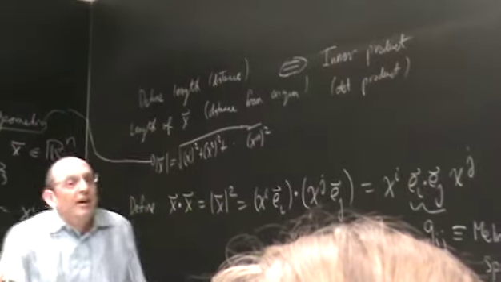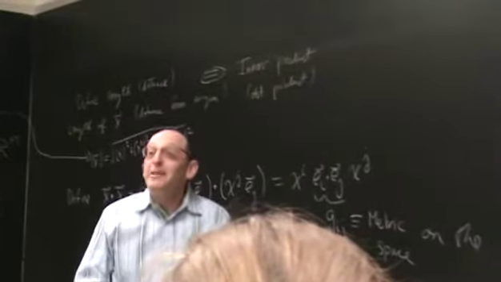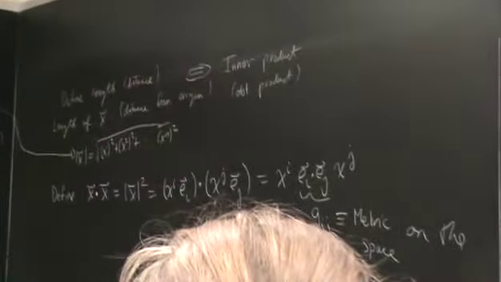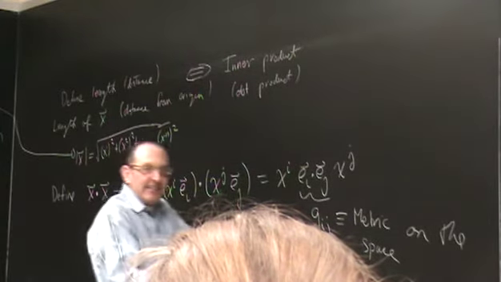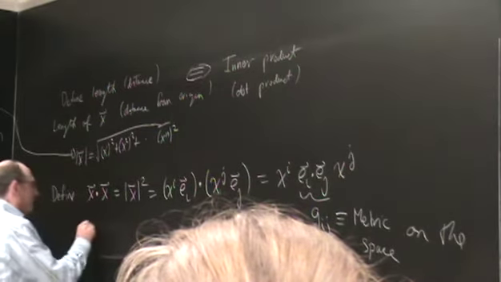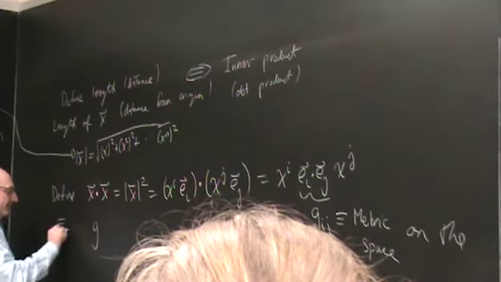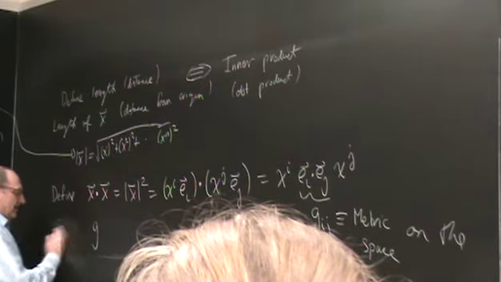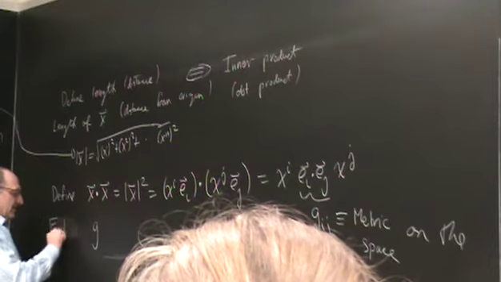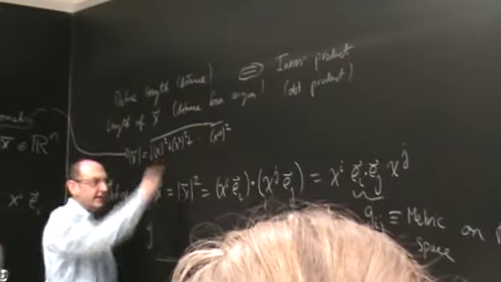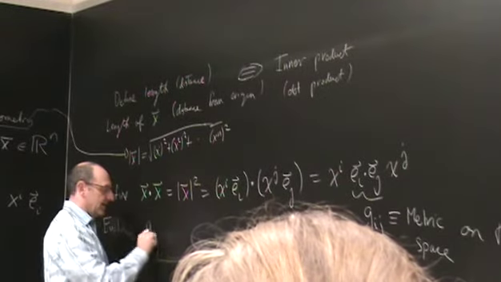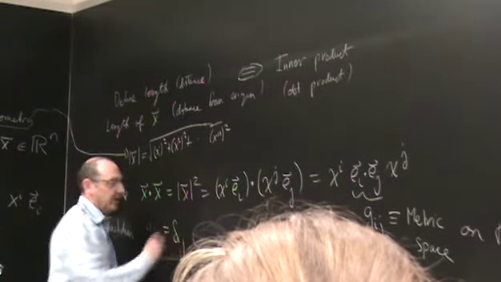Okay? Now, all of this is incredibly heavy-handed in the context of Euclidean space. I mean, because in the context of Euclidean space, if this is going to be what we mean by distance, then the metric is trivial.